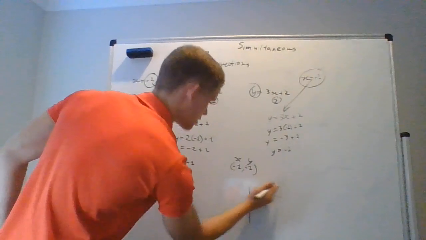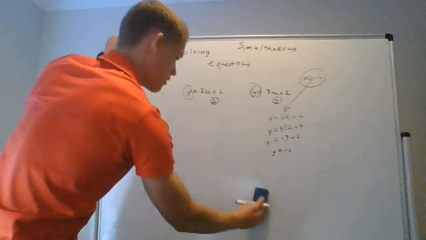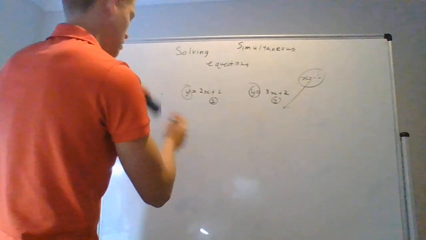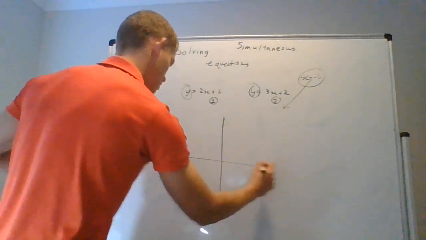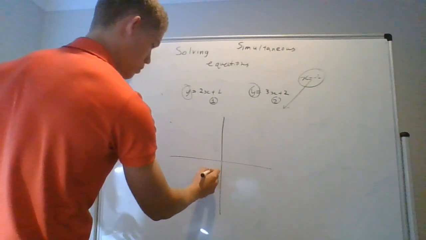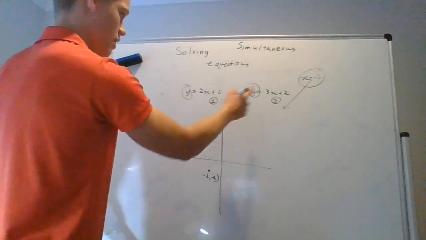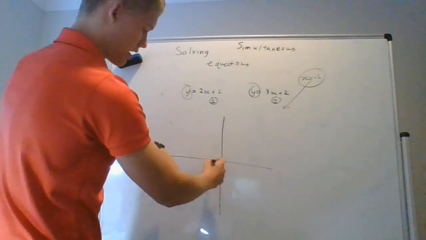So these two graphs are going to cut each other at this point, where x is negative 1 and y also equals negative 1. This graph and this graph will cut each other at that point.